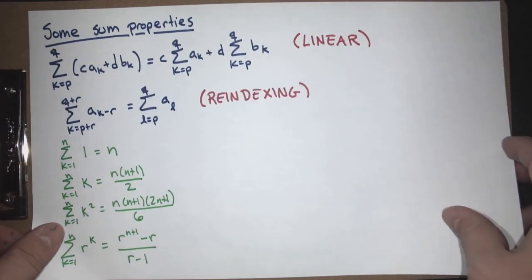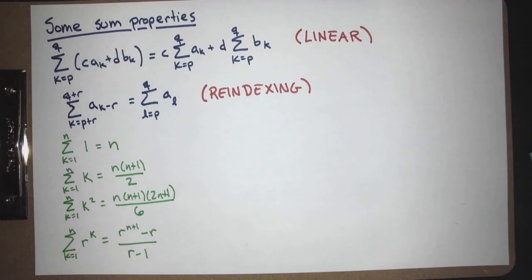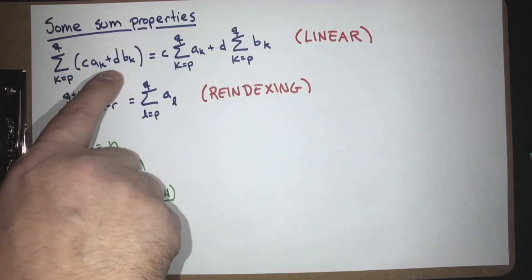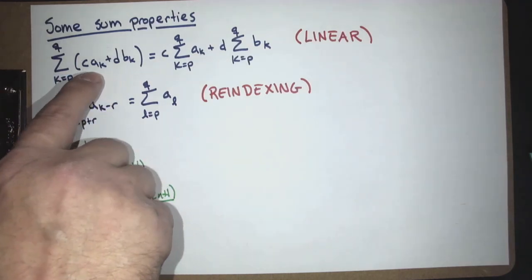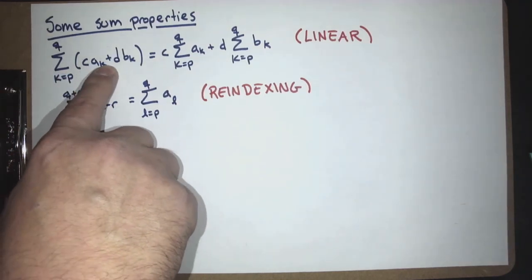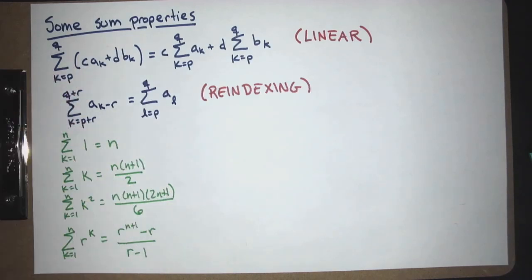Some are not very surprising, so here are some sum properties. Remember, when we talk about sums, it's adding. And so when you're adding a bunch of terms, it's easy to move stuff around. If you add a bunch of terms, c a_k plus b d_k, you can separate over the addition, and I can pull out the constants.